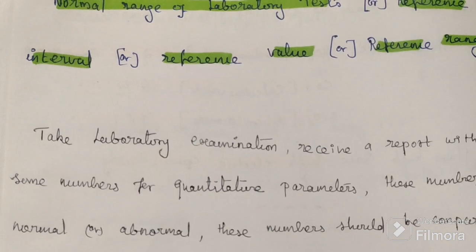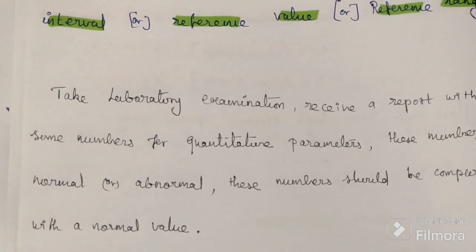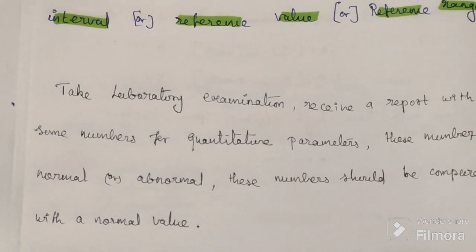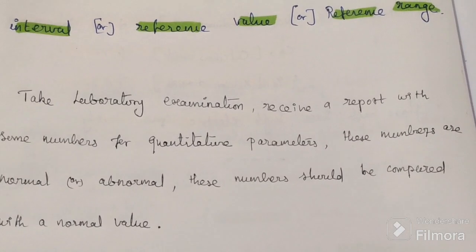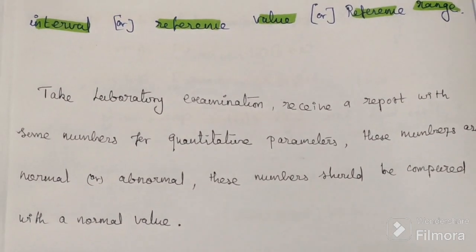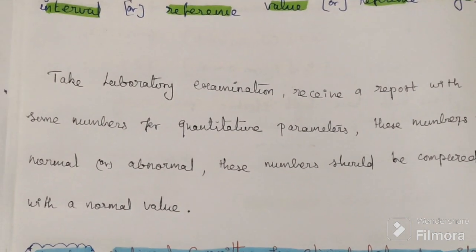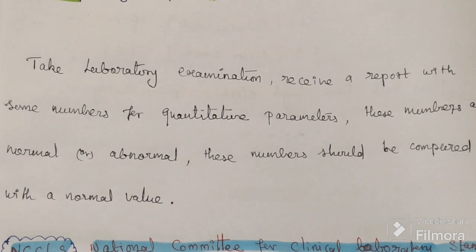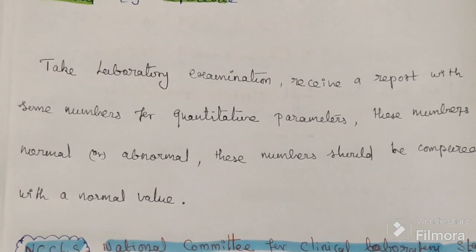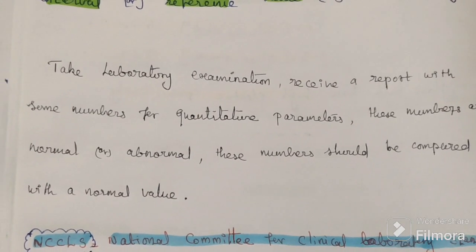When we take a laboratory examination, we receive a report with some numbers for quantitative parameters, but are these numbers normal or abnormal? These numbers should be compared with a normal value, but where does this amount come from?